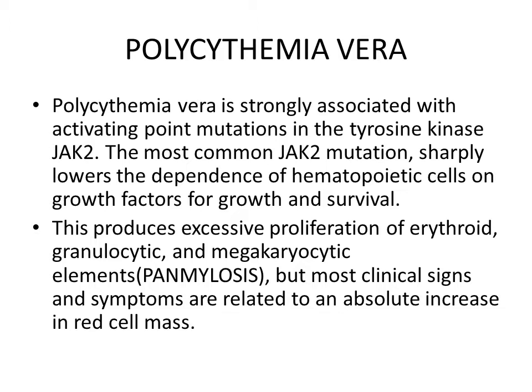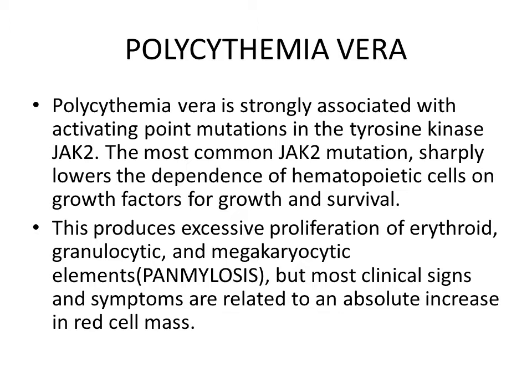What is the result of this JAK2 mutation? The tyrosine kinases are more active, and now this will result in uncontrolled proliferation. Normally, this is under the control of growth factors. Now, after this mutation, these patients don't need these growth factors.